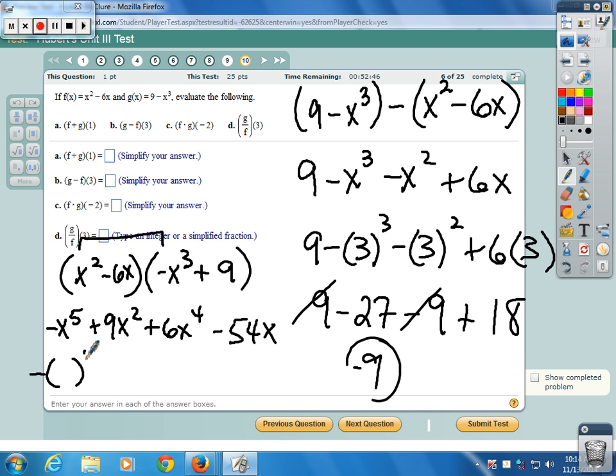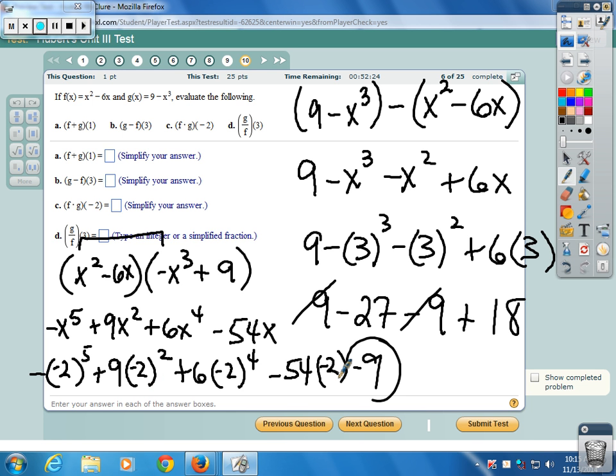Negative parentheses to the fifth plus 9 times parentheses squared plus 6 times parentheses to the fourth minus 54 times parentheses. And we're plugging in a negative 2. All right, negative 2 to the fifth is going to be negative what? 32? Somebody check me. Be a positive 32.